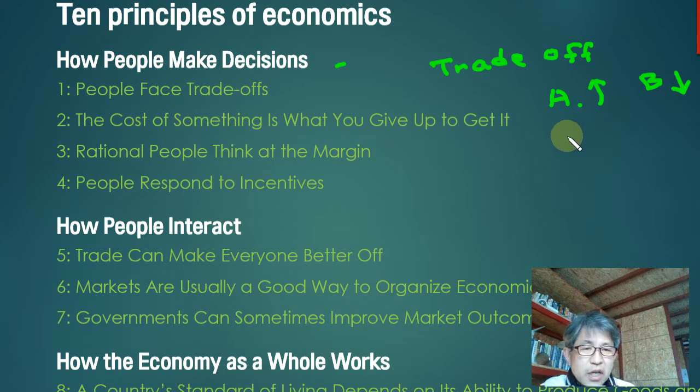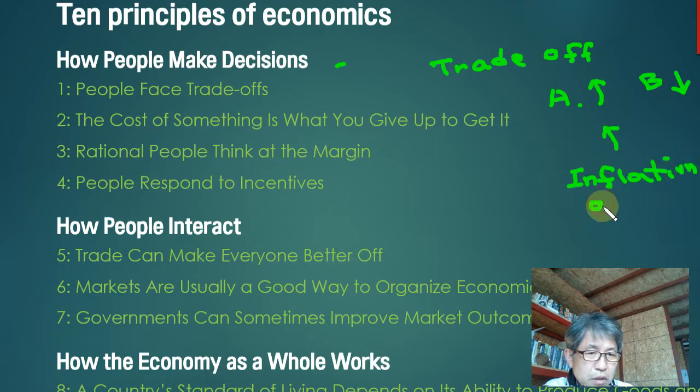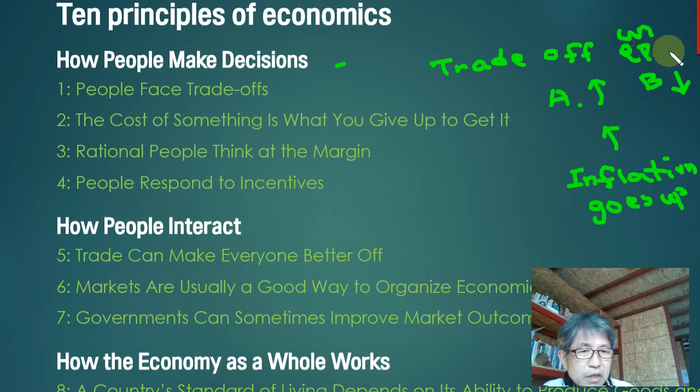For instance, if the government prints much money, then inflation will go up. Contrary to that, unemployment will go down, because the central government prints much money through its fiscal policy.